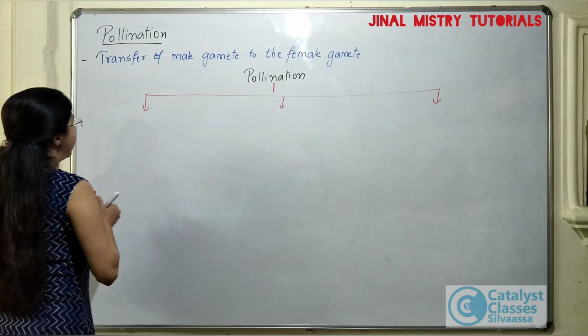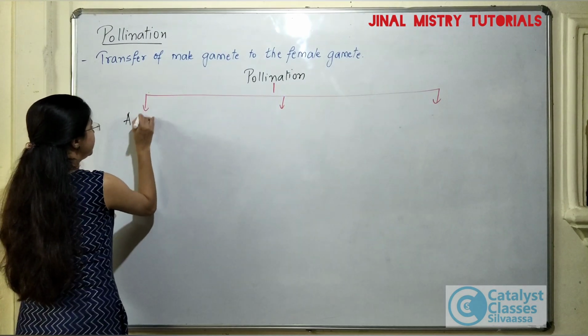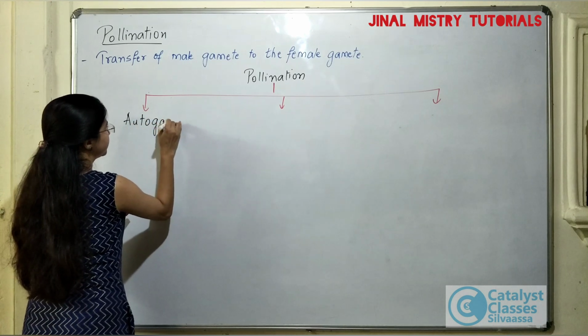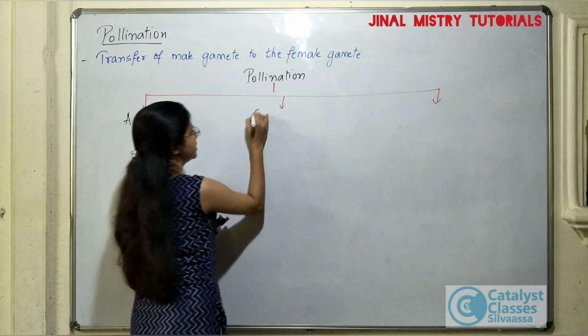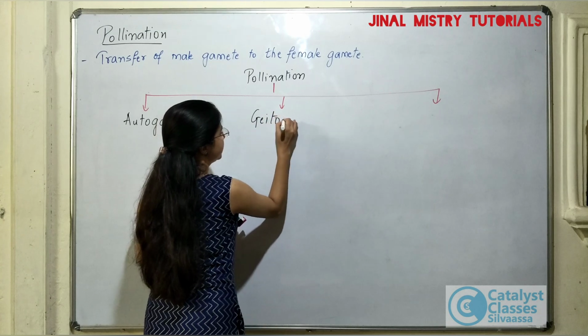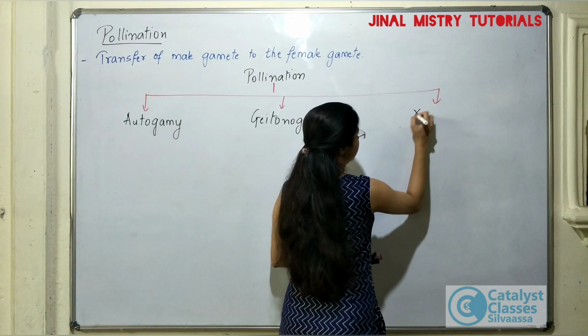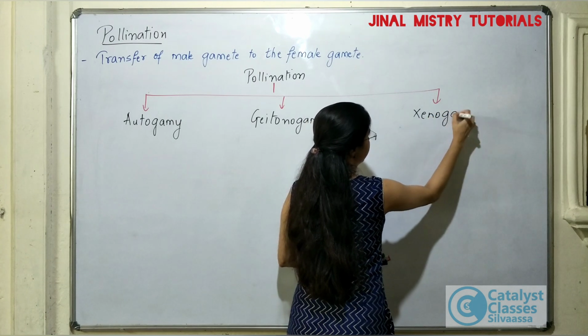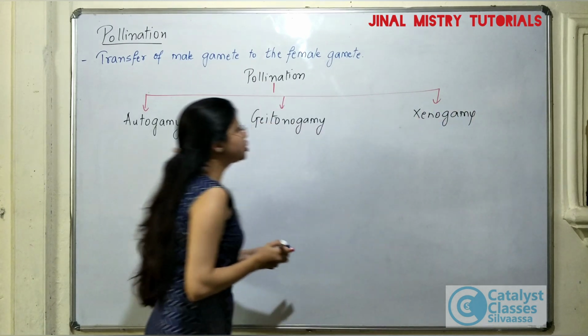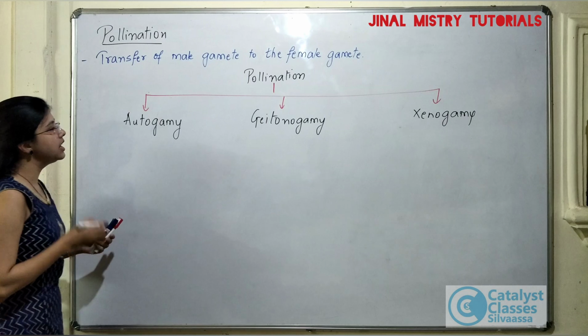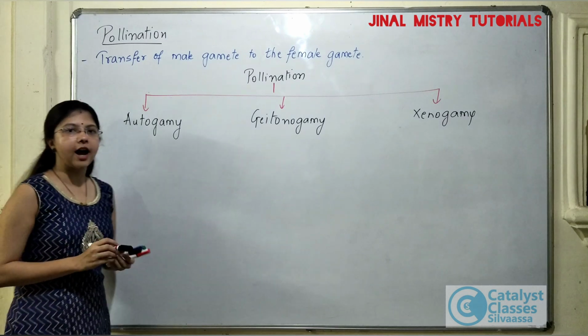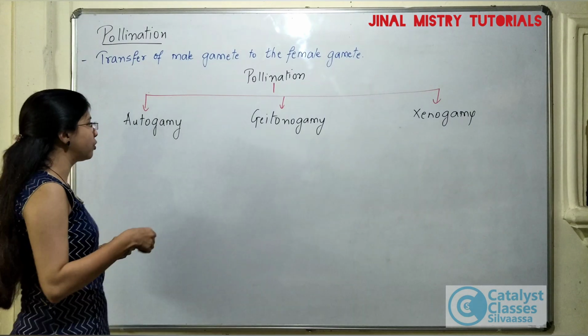One is called autogamy. Second is heterogamy. And the third kind is xenogamy. So let us try and understand what exactly happens in all these three kinds of pollination processes.